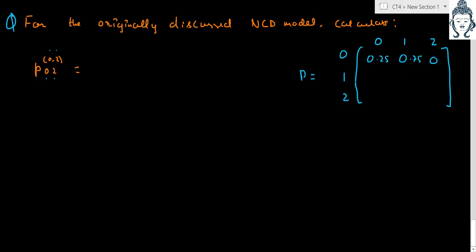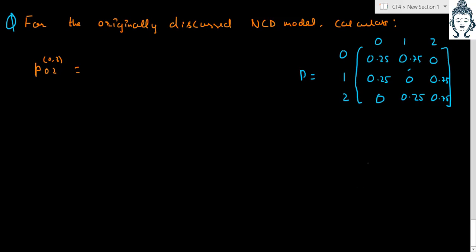Then I could get from 1 to 2, so the probability was 0.75 for going ahead, and for going back it was 0.25, and you could not stay in state 1. And the probability of staying from state 2 to 2, that is if you do not make a claim, is 0.75, and coming back to state 1 is 0.25, and you cannot go from 2 to 0, so this probability is 0.